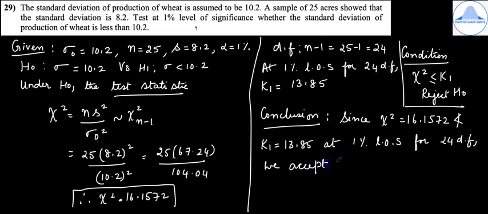So when we accept H naught, we conclude that sigma is equal to 10.2.